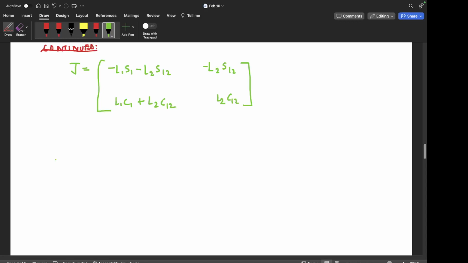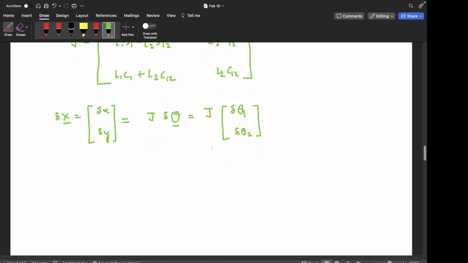So a small change in end effector position, that is del x del y, is equal to J times a small change in the theta or the joint angles. So J into del theta 1 del theta 2.